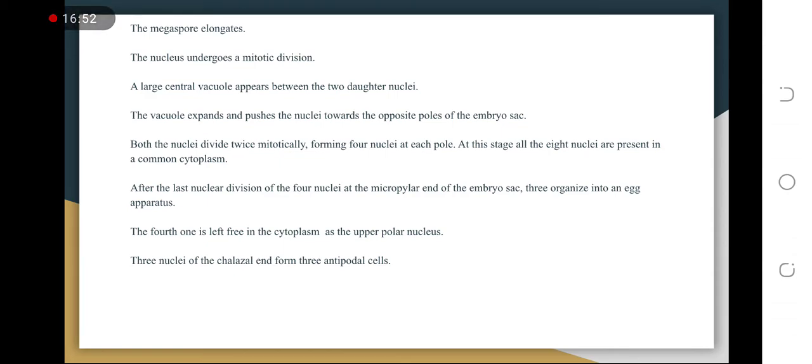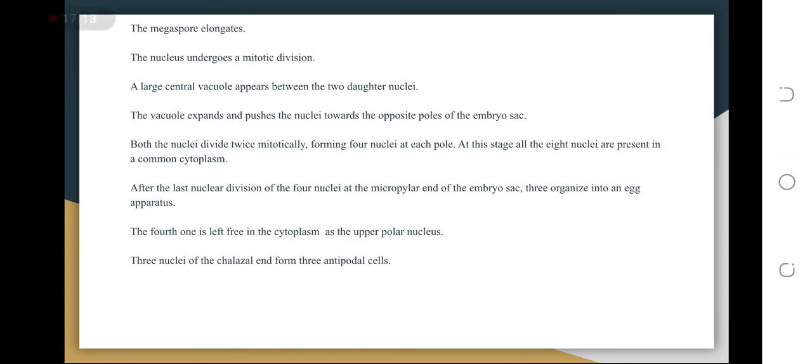Depending on the plant, the 2 polar nuclei may remain free or may fuse to form a secondary nucleus. The egg apparatus is made up of a central egg cell and 2 synergids, one on each side of the egg cell.